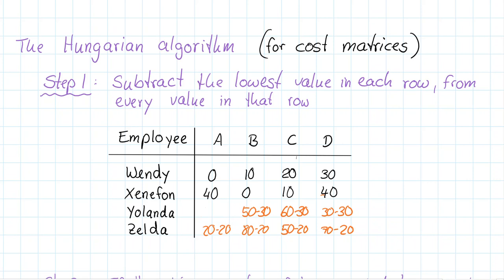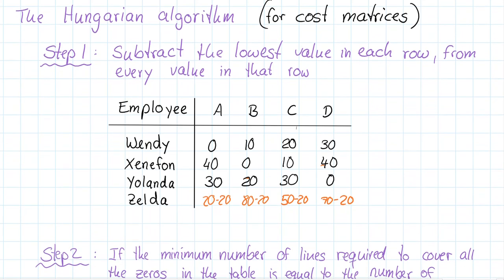60 minus 30, so lowest value again is 30. Subtracted, it gives me 30. 50 minus 30, gosh, lots of 30s here, is a 20. 60 minus 30 is a 30. And 30 minus 30 is a 0. Good. So last row to go.